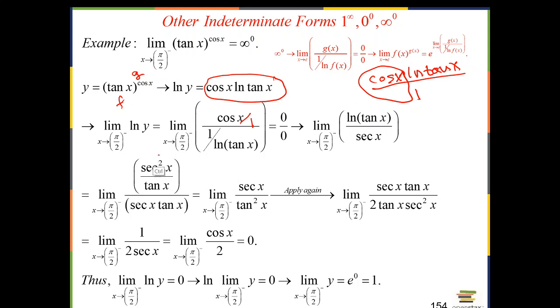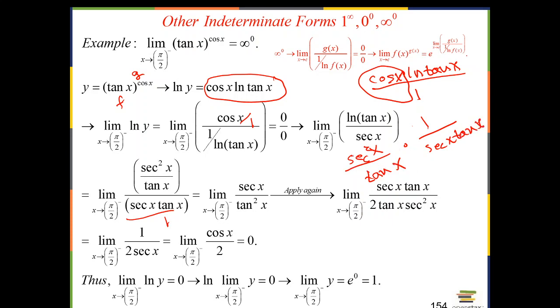It is 1 over tangent, times the derivative of tangent, which is secant squared. And the derivative of secant is secant tangent. Now we simplify it: it would be secant over tangent squared. Just the algebra: secant squared over tangent times 1 over secant tangent.